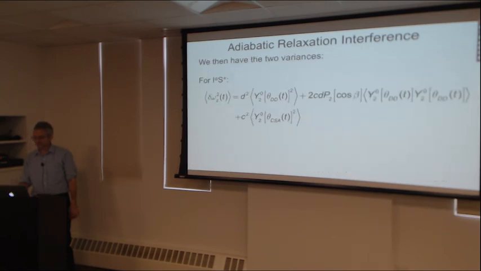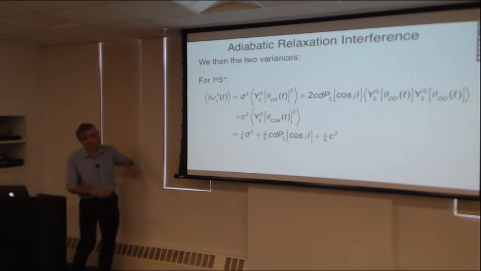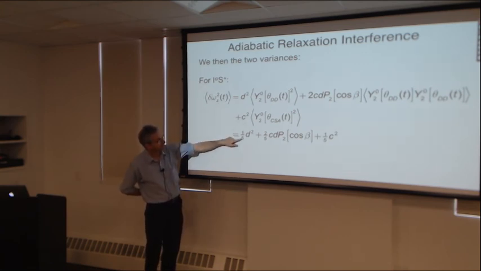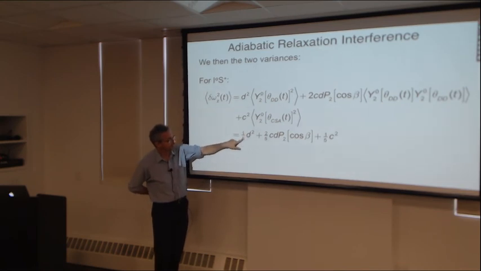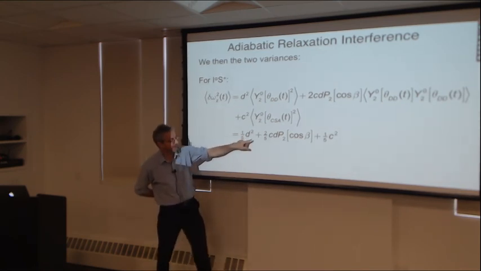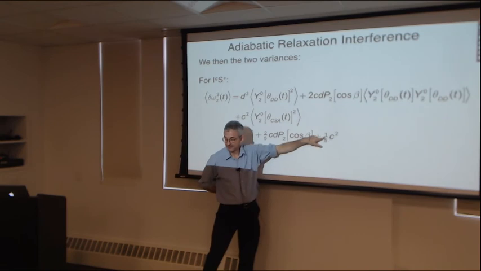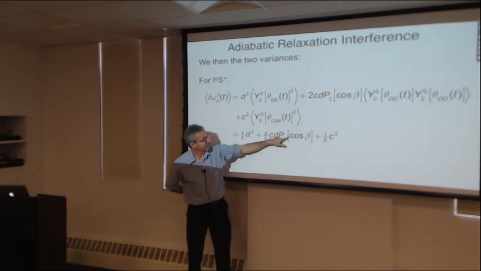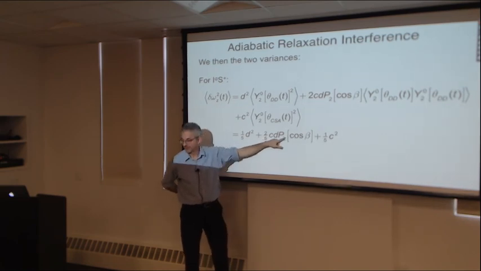So we end up with, for the alpha doublet component, an expression here. This is just the relaxation due to the dipole interaction, relaxation due to the chemical shift anisotropy, and then a term that reflects the correlation between those two.